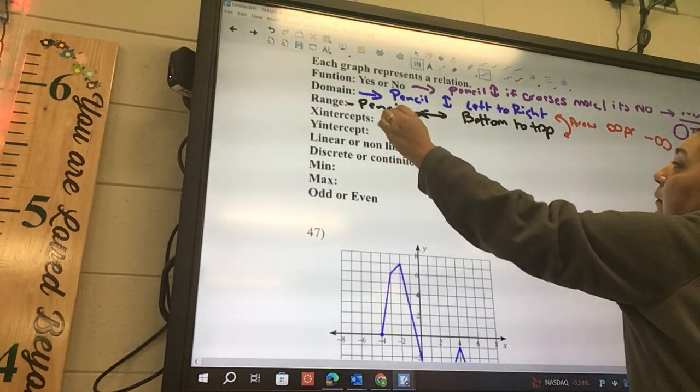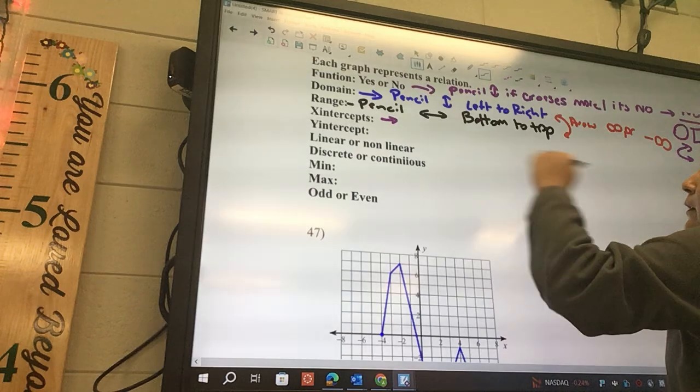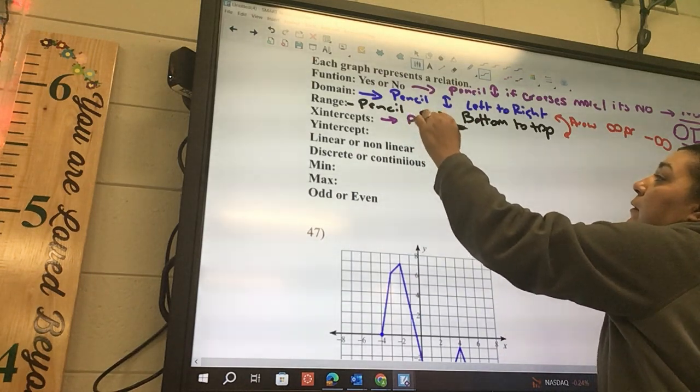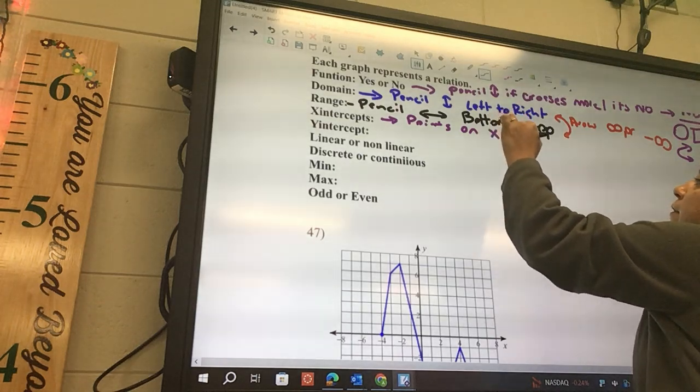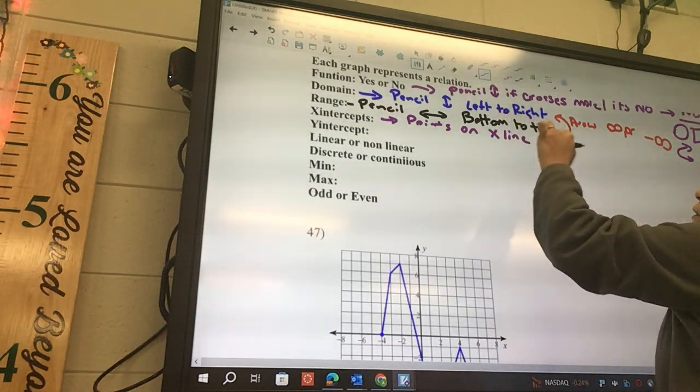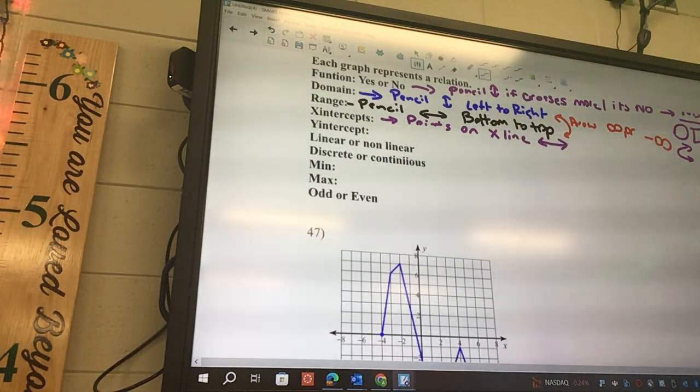Okay, the x-intercepts, how would you describe that one? All the points that cross over the x line. Yep, so points on the x line. So this way, that's the x line. Okay, so it crosses the x line at negative 4, maybe like negative 0.5. You see them?